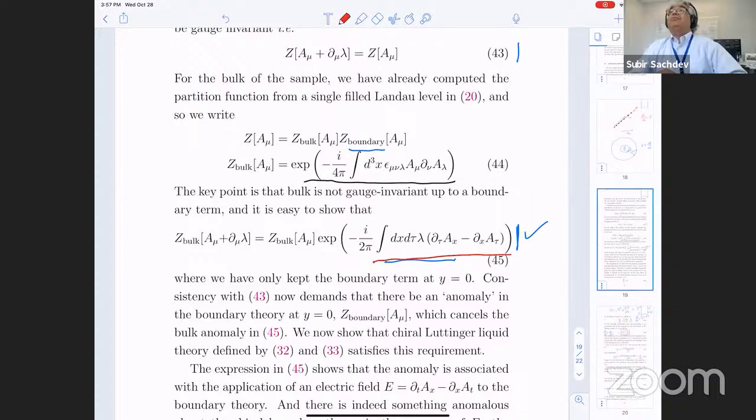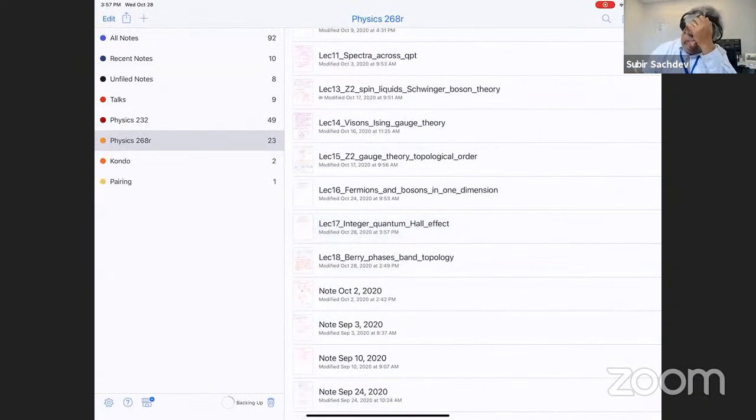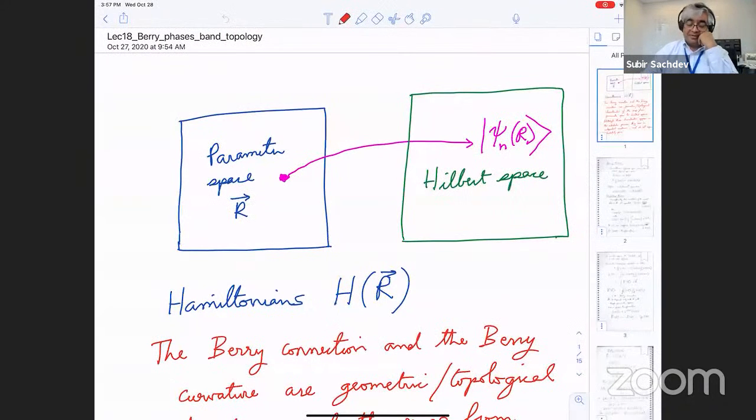Okay, maybe I can say a few words in the next 2 minutes about the next chapter then. The next chapter is still really about the integer quantum Hall effect, but in a slightly different context. Historically, the quantum Hall effect was discovered in a 2D electron gas in gallium arsenide, where you put a strong magnetic field, and in that physical situation, indeed there were Landau levels.